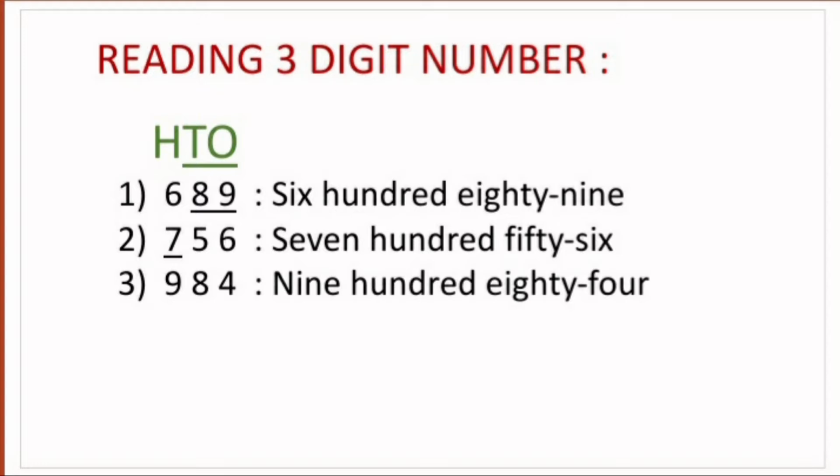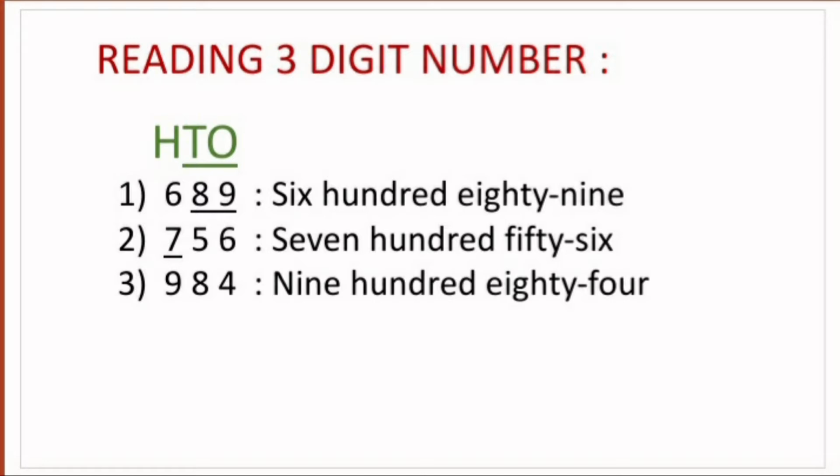Let's recall how to read and write 3-digit numbers. First step, you will write the places, ones, tens, and hundreds. Now, the last 2 digits you have to merge and speak together. When you move from right to left, for the leftmost digit, add 100 to that part.